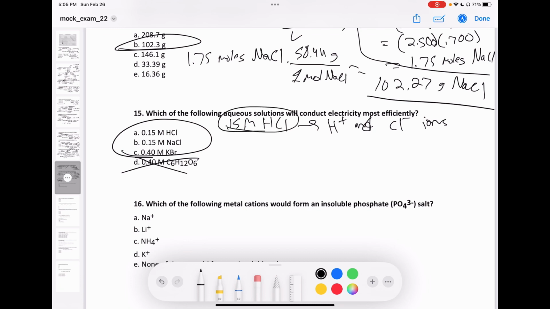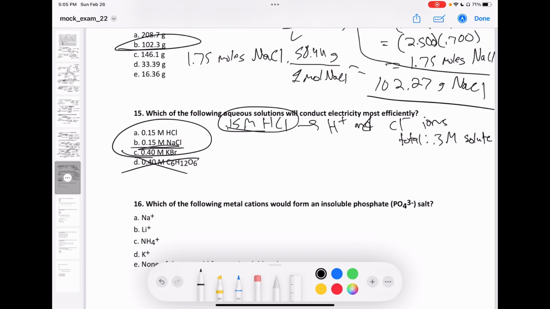You know there's going to be double the amount of solute concentration, because there'll be 0.15 moles of H plus and 0.15 moles of Cl minus. So that's going to be a total of 0.3 molarity of solute. Okay, so that's our first contender. And then we see the same thing basically for answer choice B.